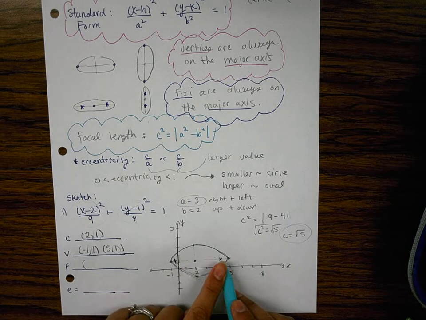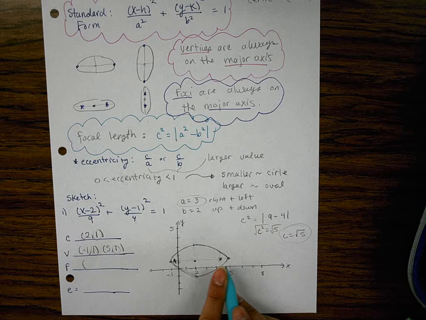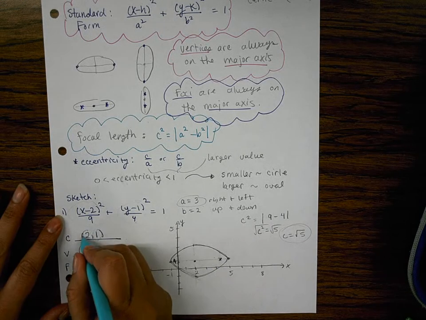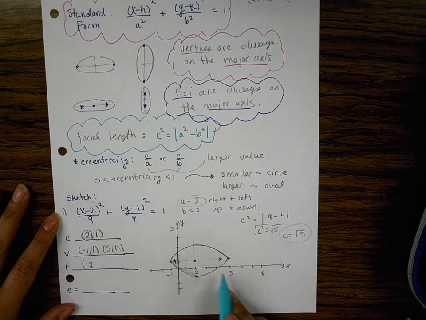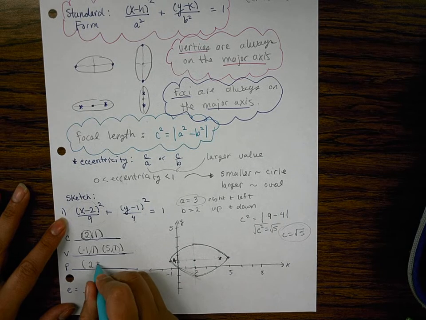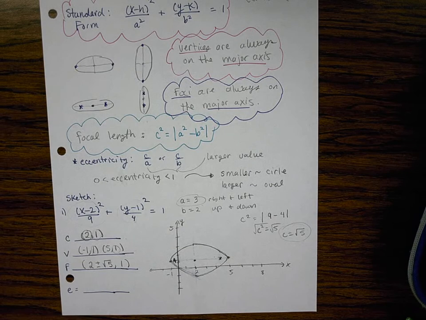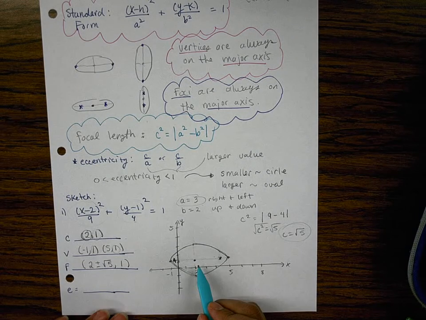I'm not going to put it as a decimal when I write my answer here, just when I was graphing, because when you're graphing, it's easier to graph a decimal than it is a radical. Okay, so what are my foci? There's 2 of them here. From the center, I moved right root 5 and left root 5. And I stated earlier, when I'm moving right and left, it's the x value of the center that is changing.